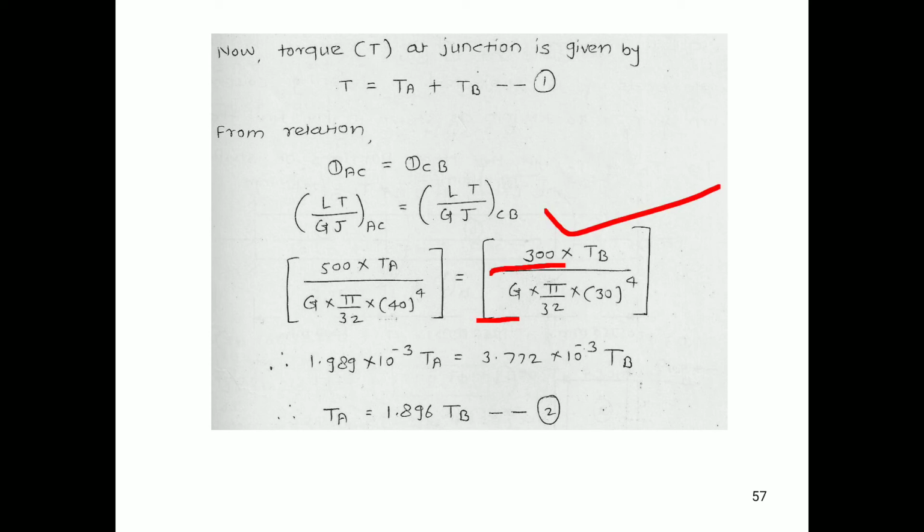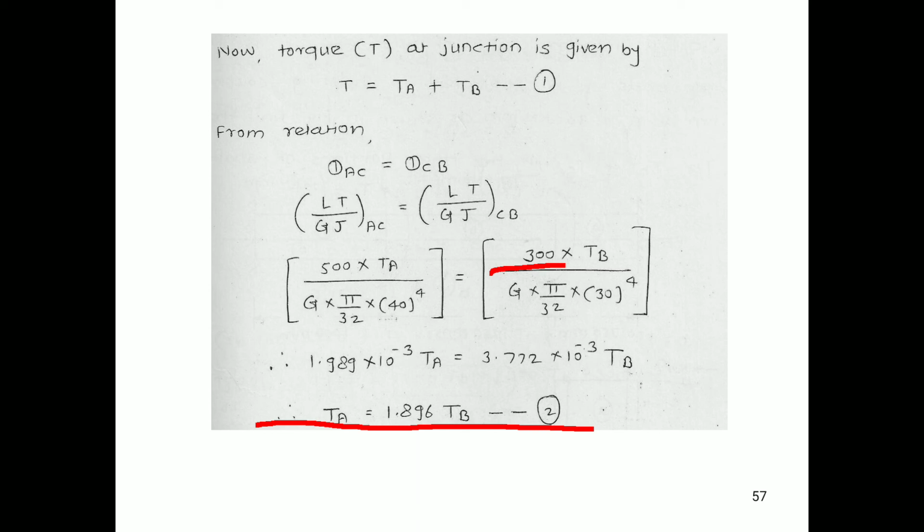G will be constant, and J is pi by 32 into 30 raised to 4, as the diameter is 30 mm. On solving this equation, we have equation 2, that is TA is equal to 1.896 TB. So it is the value of torque at A in terms of torque at B.